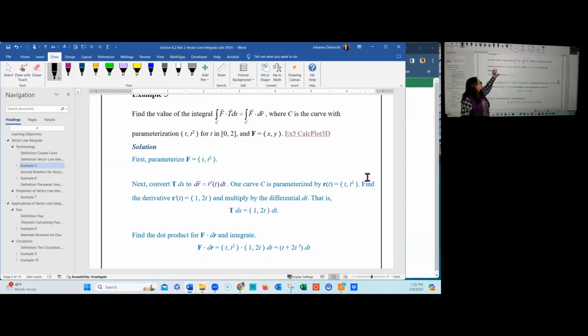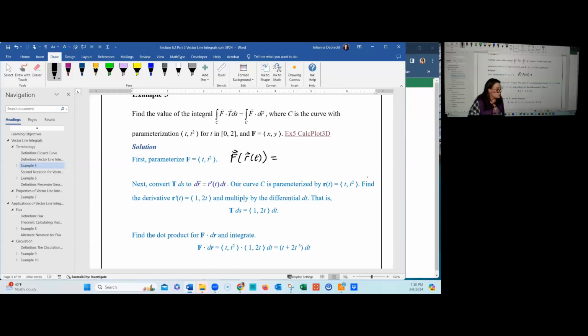In this case, C is the curve with the parameterization r of t equals t, t squared for t between 0 and 2. The vector field is given as x, y. In this case, we need to first parameterize the vector field. In other words, we need to find a representation for F of r of t.